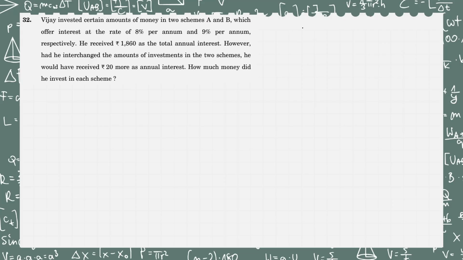So let us try to understand this sum. There are two schemes here, which are scheme A and scheme B, right? And let us take the money invested in scheme A as rupee X, and scheme B rupee Y. Okay, and this money gets 8% per annum interest, and the second money invested gets 9% per annum interest.